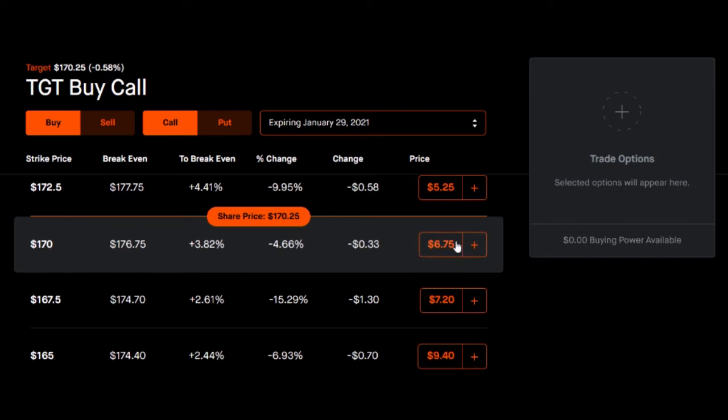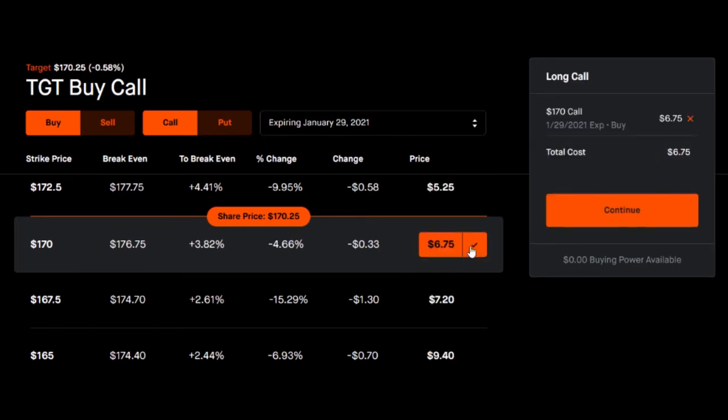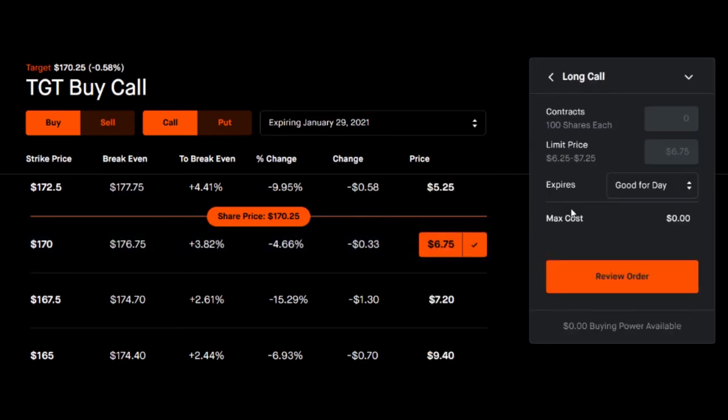So this is saying if you wanted to buy this, and if you were able to get it at this price, that you'd be paying $6.75 for that options contract. Again, keeping in mind that when you actually go to buy this on Robinhood, so we're going to go ahead and hit the plus here, okay, we hit continue. If we put in our one contract, we see that it is now saying that it's going to be a max cost of $675.